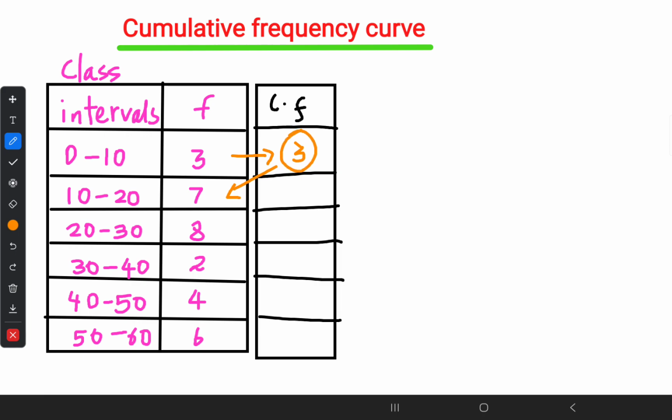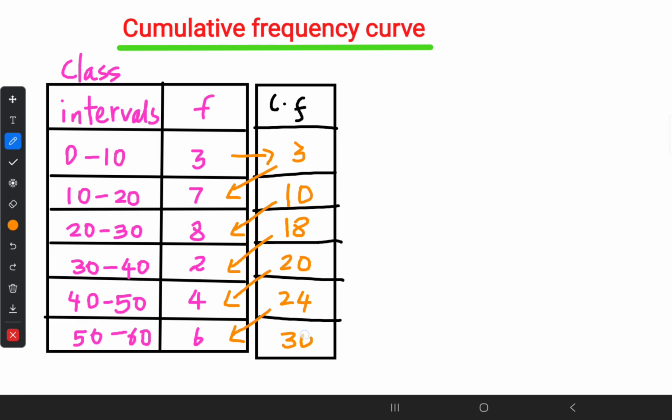Already 3 is the frequency, and with that there is an addition of 7, so 3 plus 7 is 10. Thereafter another 8 is joining, so 10 plus 8 is 18. Then another 2 is joining, 18 plus 2 is 20. Then 20 plus 4 is 24. 24 plus 6 is 30.